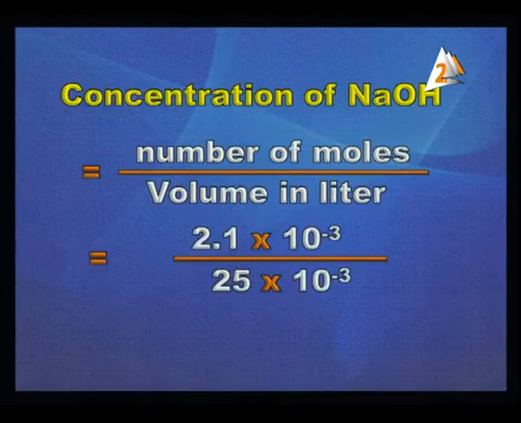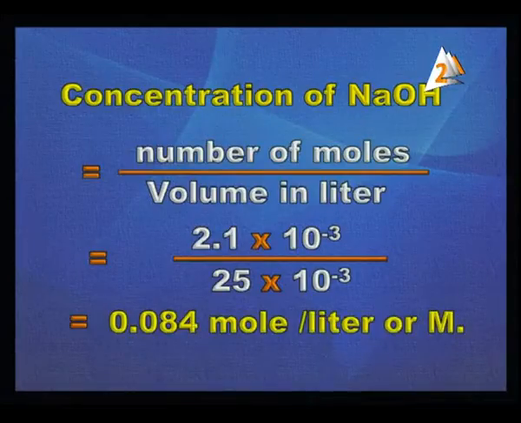Take care, this is the law. What is the number? 2.1 by 10 power negative 3 divided by 25 by 10 power negative 3. So the answer is 0.084 moles per liter, or M. So capital M means here mole per liter.